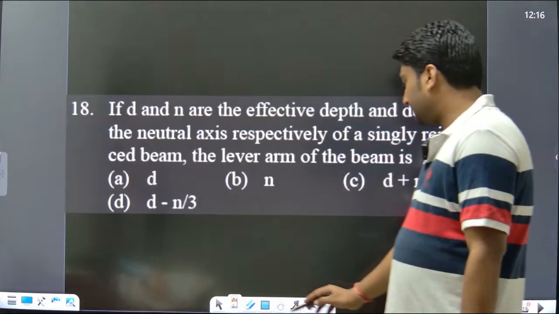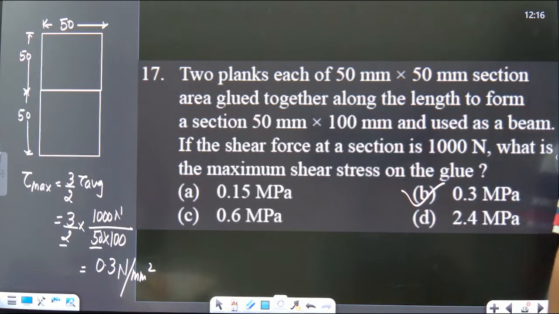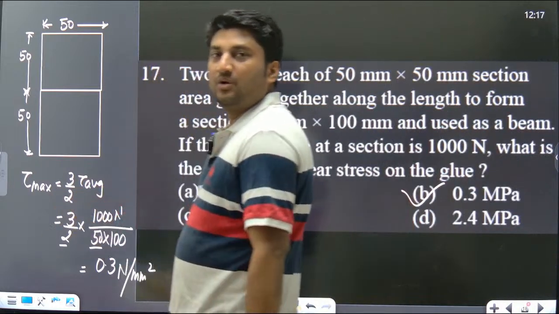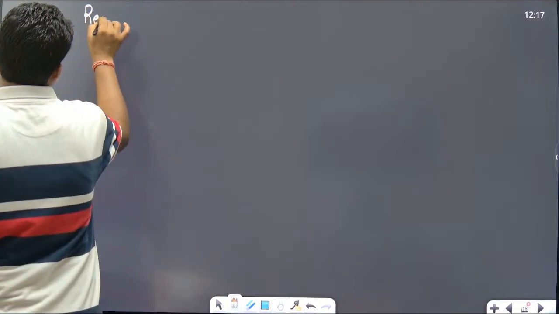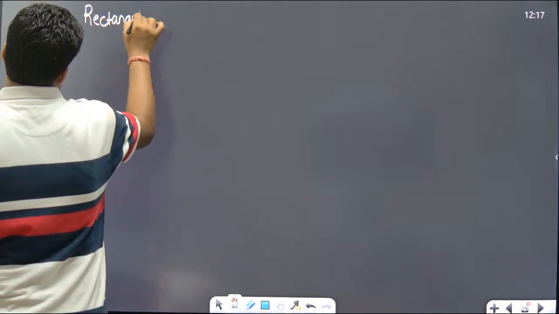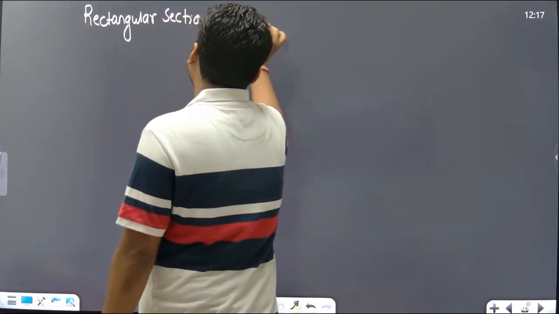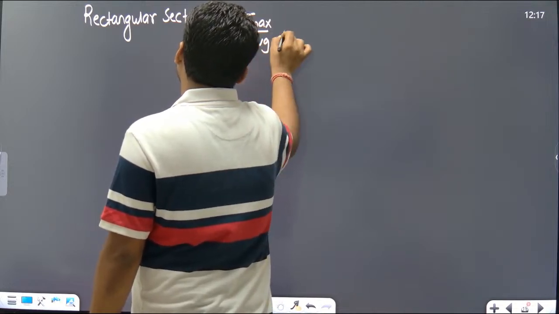Moving ahead. Now, if it is a circular section, can you give me the answer for the ratio of maximum to average shear stress? For rectangular section, the ratio of maximum shear stress to the average shear stress is 3 by 2.